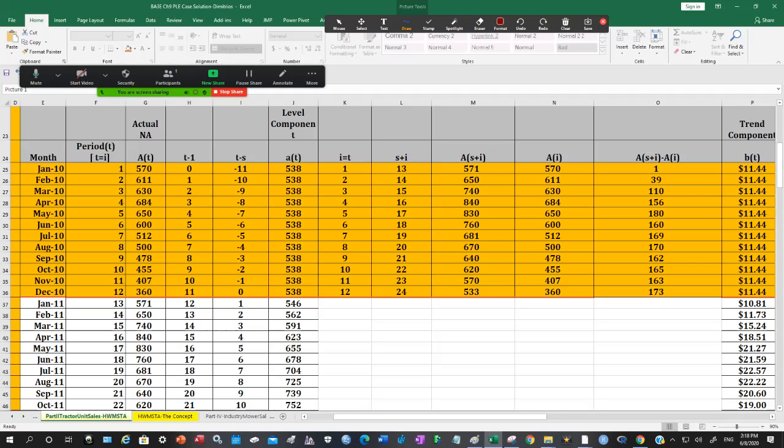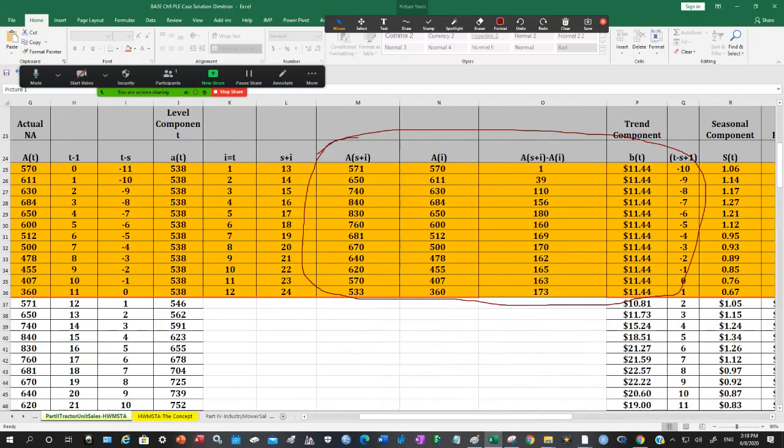By the way, before I continue with that thought, for the first season, I calculated these to show you in detail how I find B of t.